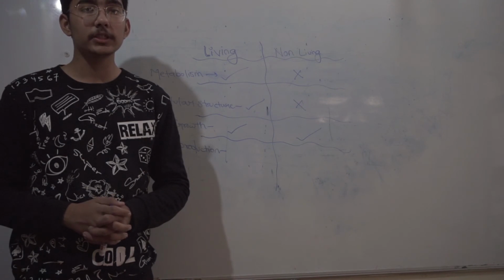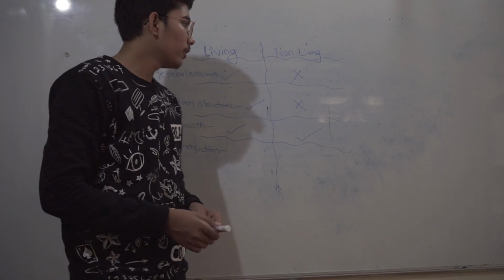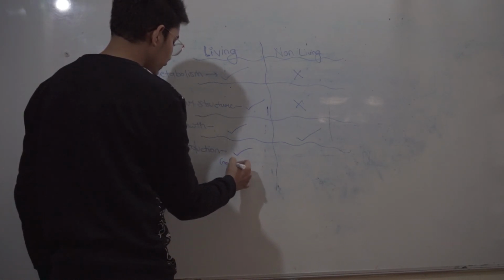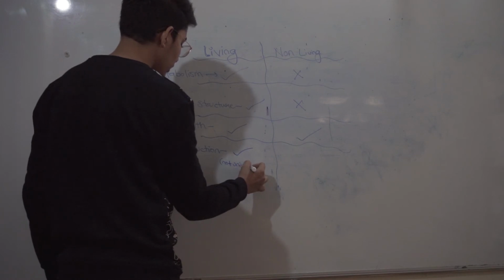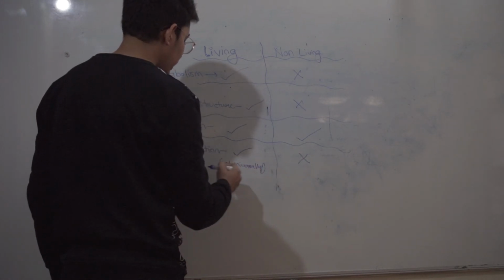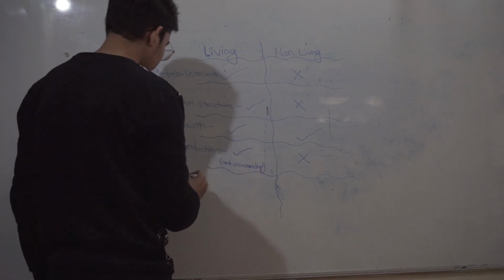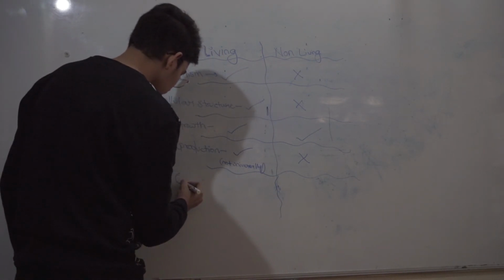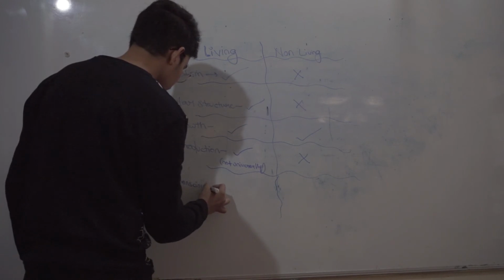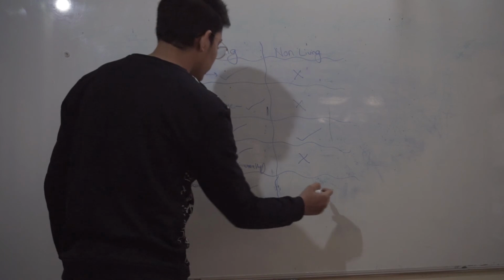Even some human couples who are sterile do not reproduce in their whole life. So, we can say present but not universally. In non-living, it is absent, and at last, consciousness: it is present in living, absent in non-living.